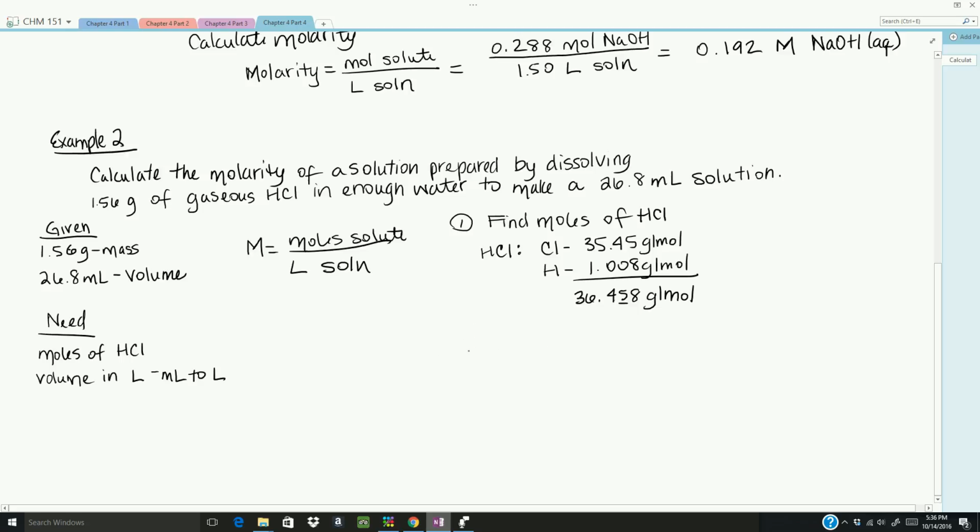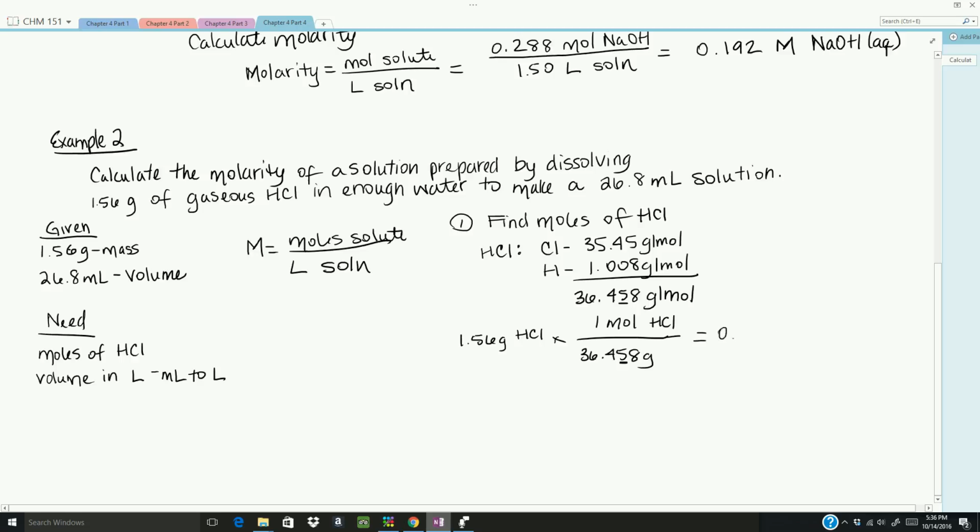So now we need to convert our mass to moles. We have 1.56 grams of HCl times, there are 36.458 grams per every 1 mole of HCl. Remember, we need grams on the bottom because we have grams here and they need to cancel. That's going to leave us with moles.